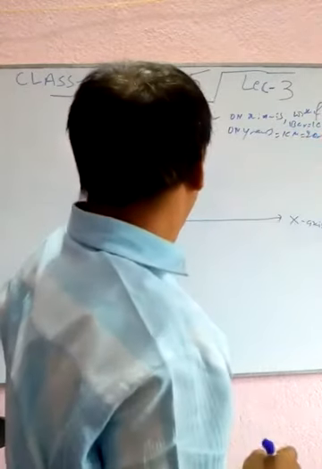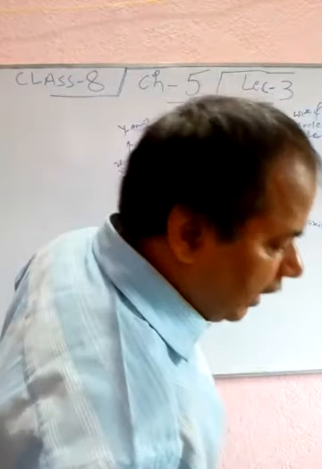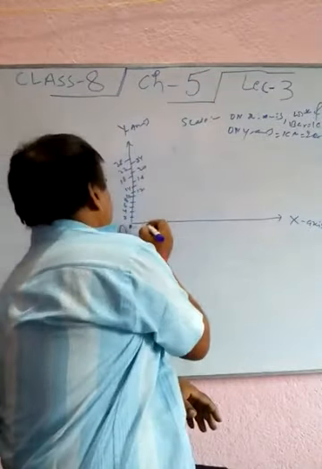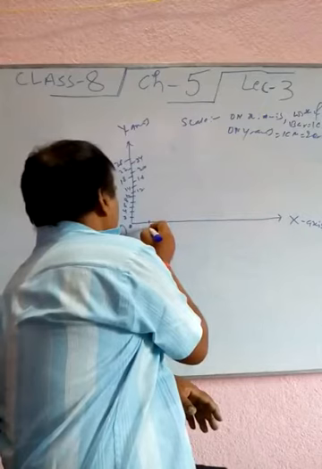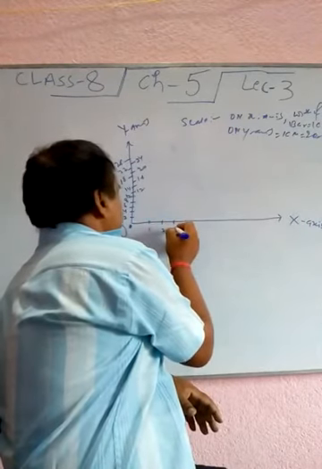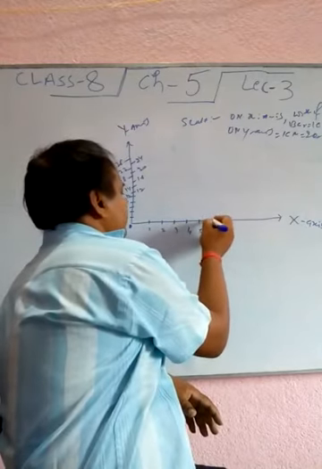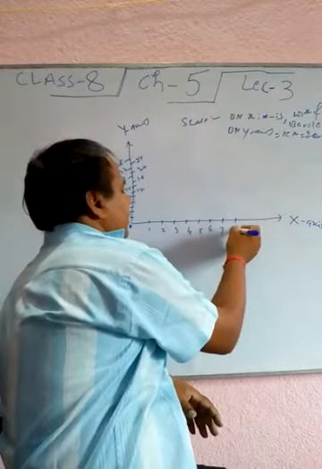Now, see, first is the primary schools, and it goes up to 26. Here we have to take equal width. Suppose this is 1, here 2, then 3, 4, 5, 6, 7, likewise.